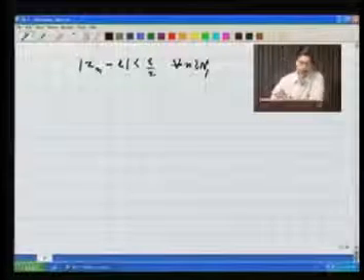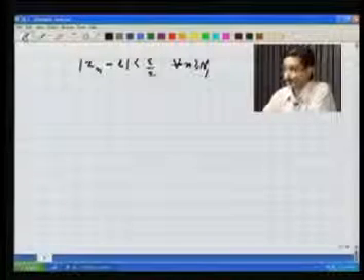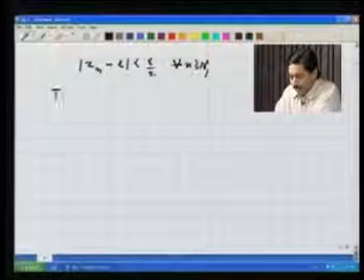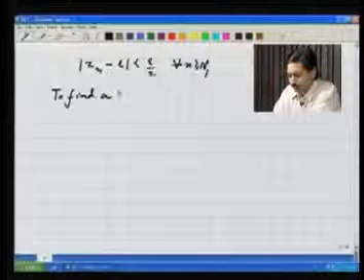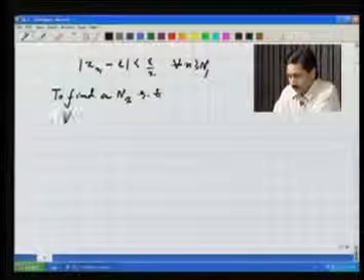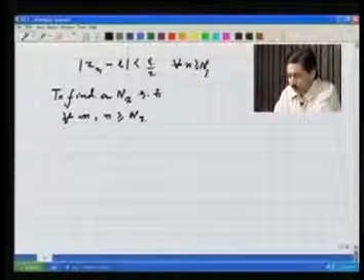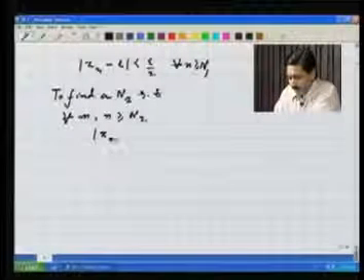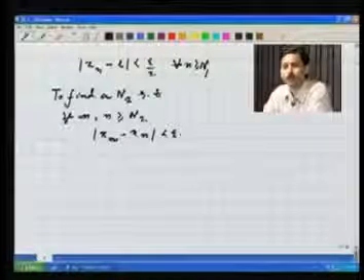Okay, fine. Now what is my job? My job is to show that the sequence xn is Cauchy. That is, to find N2 such that for all m, n bigger than or equal to N2, it should be true that xm minus xn is less than epsilon.